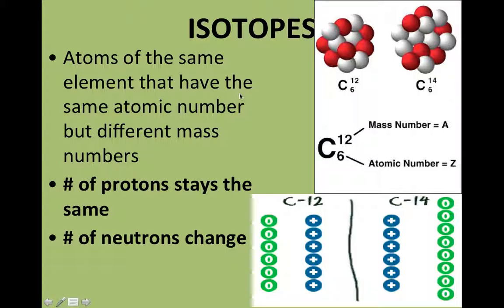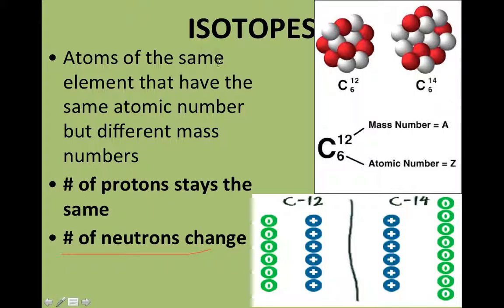All right, now an isotope basically is a variation of that element where it's going to change and alter in its mass. And the big component that changes within an atom to create isotopes is the number of neutrons. If you change the number of protons, then you're looking at a totally different atom.